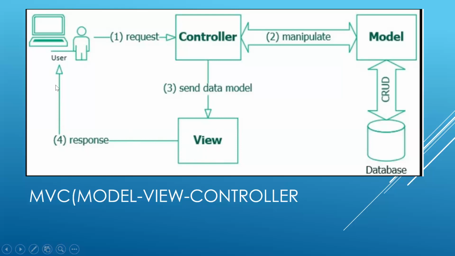The view will respond to the user based on the processed data. And when the view responds to the user, the user can see their interface created by the view, and they can easily interact with the app. And this is how MVC works.